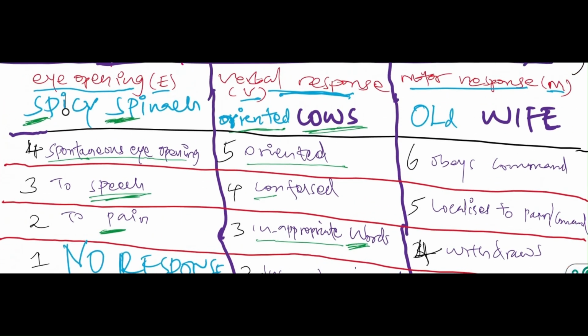Let's move to the third aspect, motor response, abbreviated as M. Here we use the mnemonic old wife. O means obeys commands, and L means the patient localizes, maybe to pain or to command.